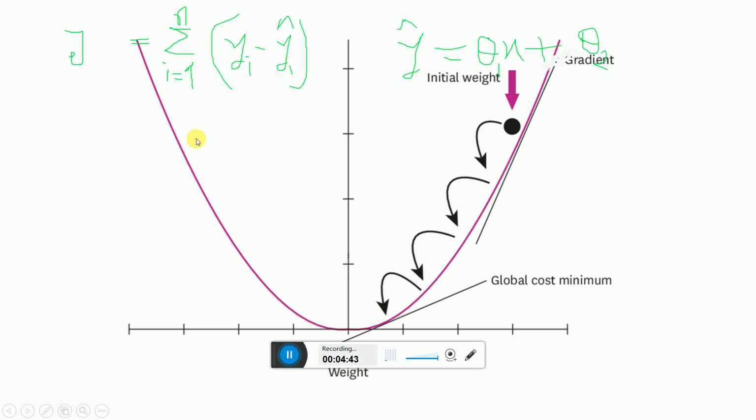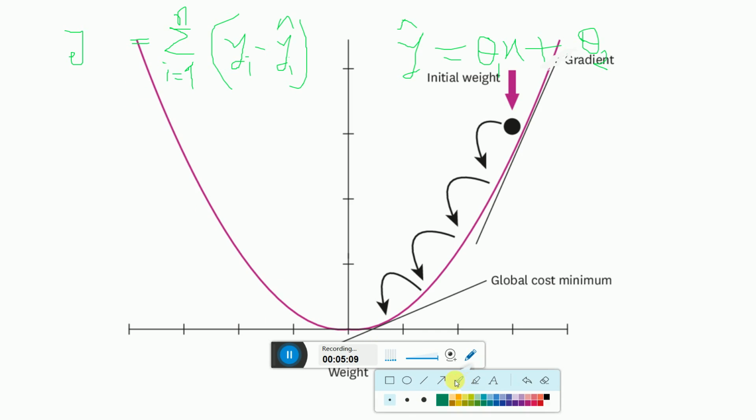Let's say the cost function J will be like this one. Let's take a point here: in this axis we have plotted J, and in this axis we have plotted theta. Let's take any arbitrary point of theta.